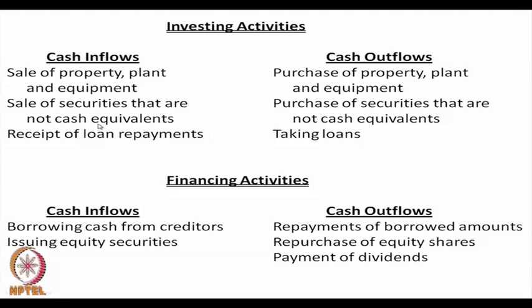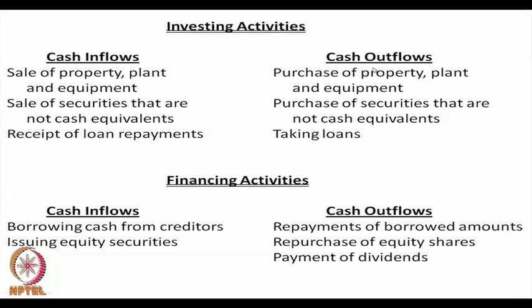And also cash inflow takes place when, suppose that it has given a loan in the form of bond to others and they pay back. So, you get cash inflow.